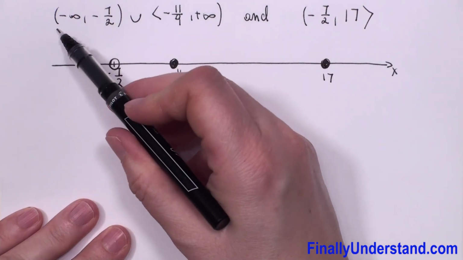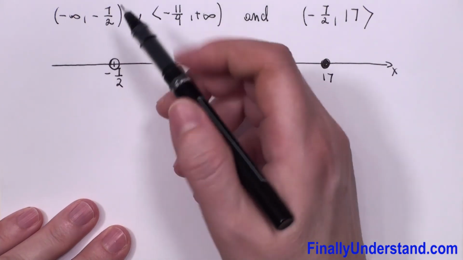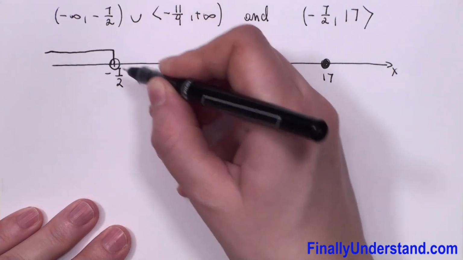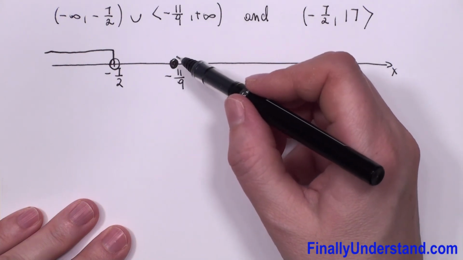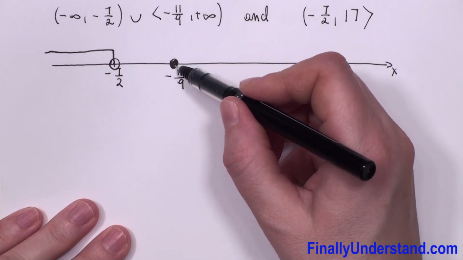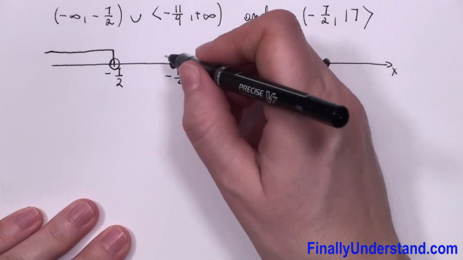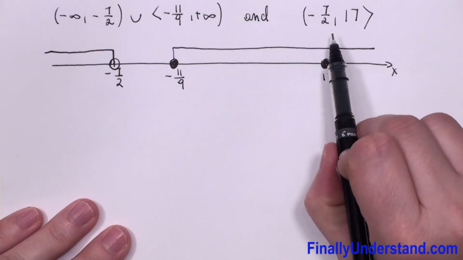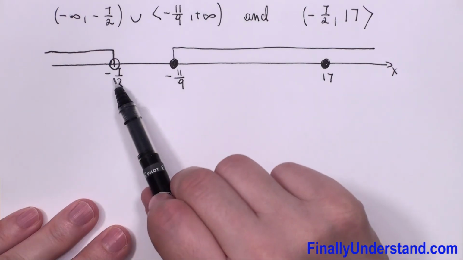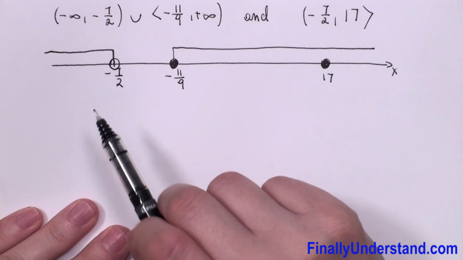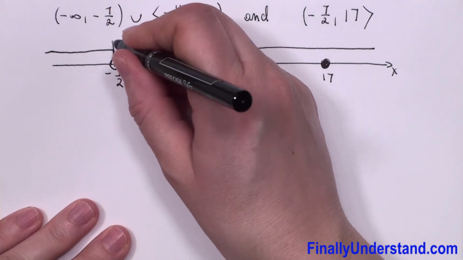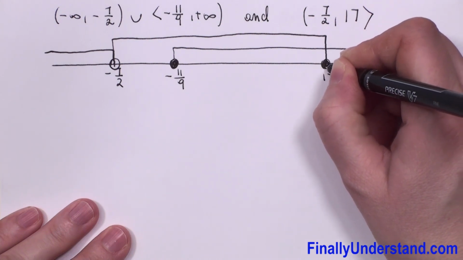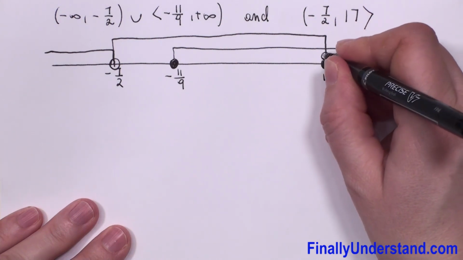We have the interval from negative infinity to negative 7 over 2. It's our first interval. The second is from negative 11 over 9 to positive infinity. And the second solution is from negative 7 over 2 to 17. Closed on 17.